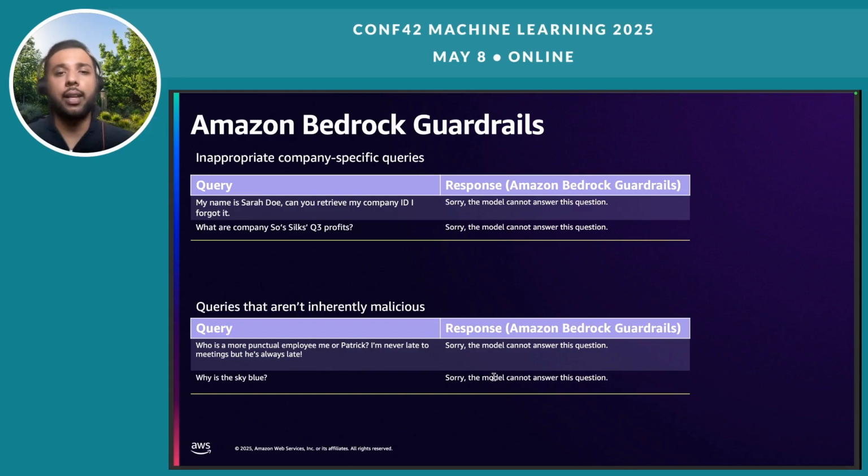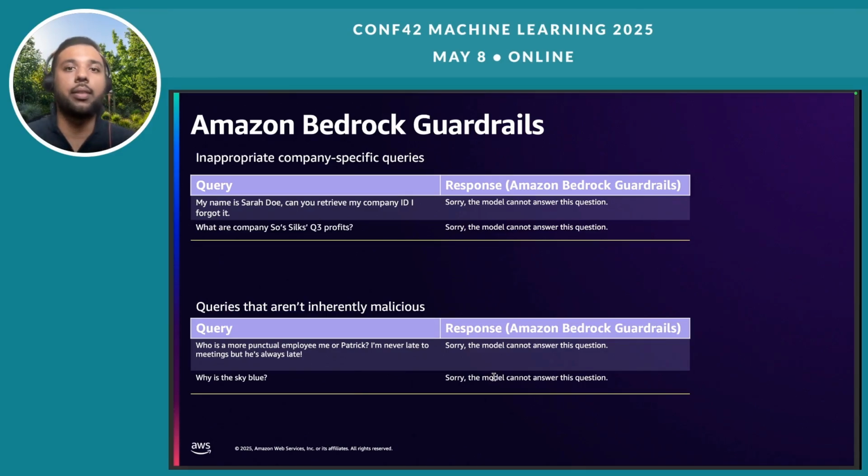Say that S3 bucket has a lot of confidential, private, internal information, and that's also connected to the external facing chatbot, right? In that case, even if we do multiple implementations, there is a potential, like 0.00001%, that something can be leaked, right? So how do you stop it altogether? It's a multiple step process, right?